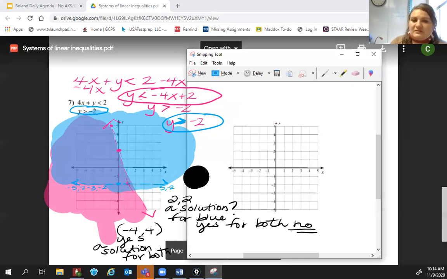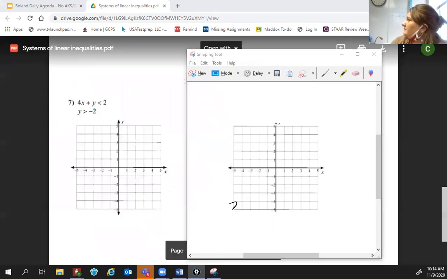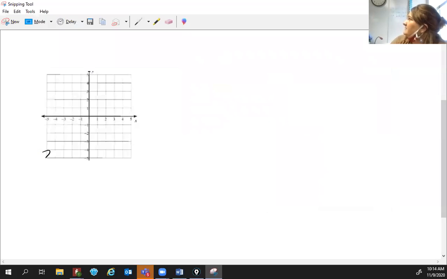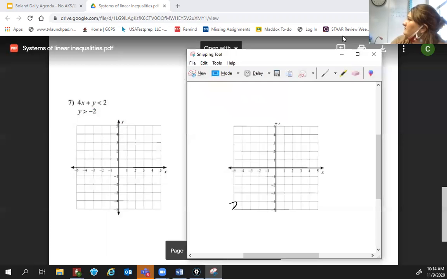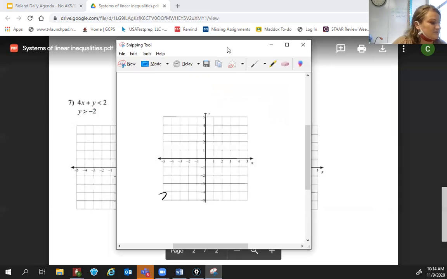And then clear screen. So can everybody see this okay? This is completely different than what's going to be on the worksheet, right?